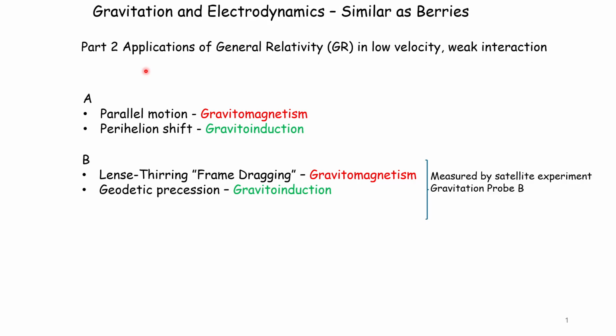In this second part, we will make an application of general relativity in our approximation scheme, which is low velocity, weak interaction. I split it into A and B. First, in this lecture, we consider parallel motion, which is the simplest possible interaction where kinematical effects appear.